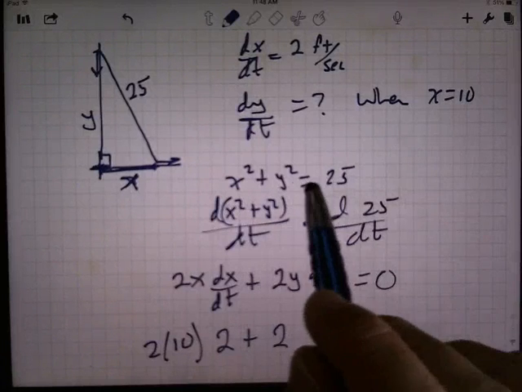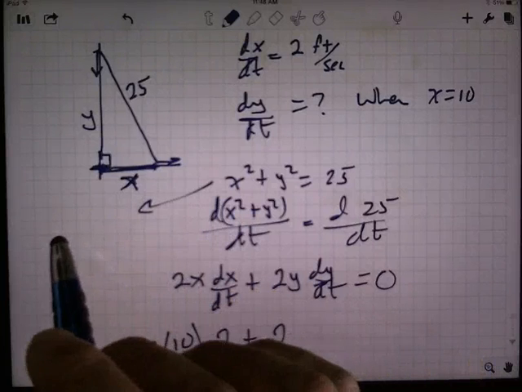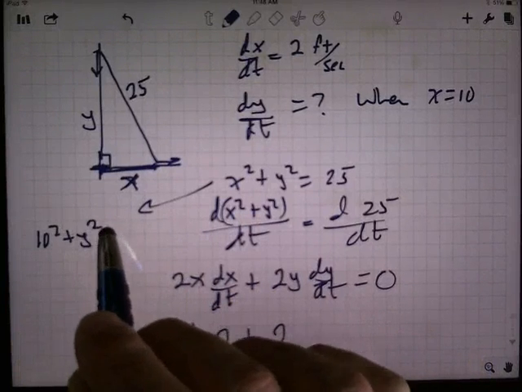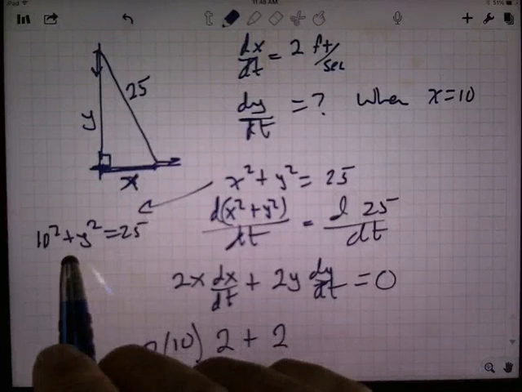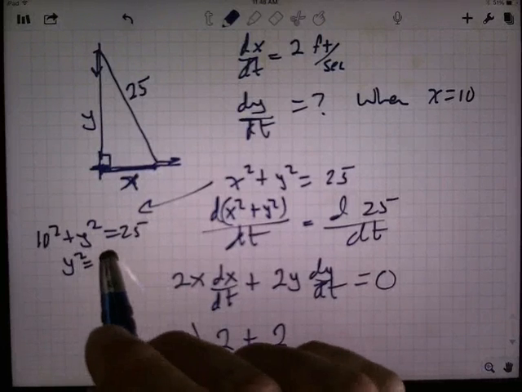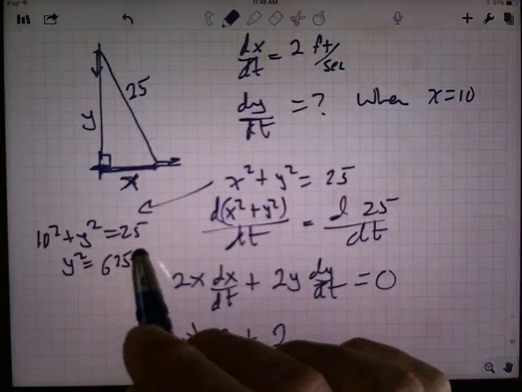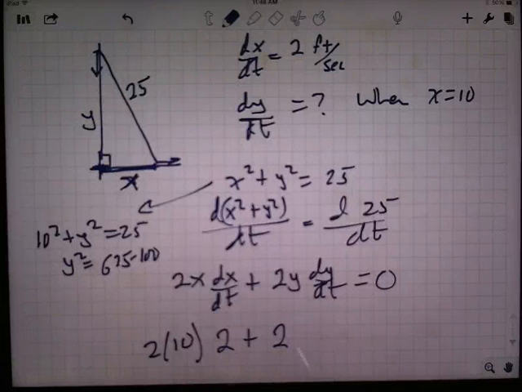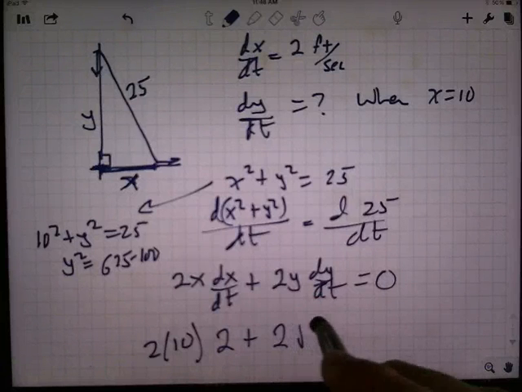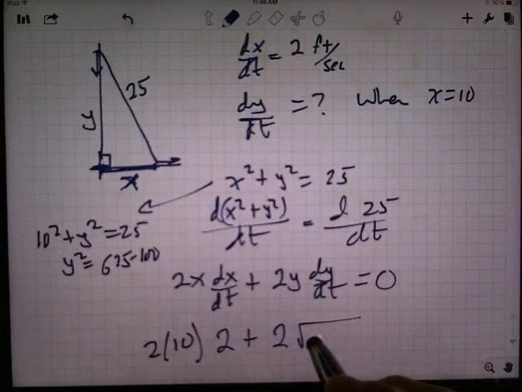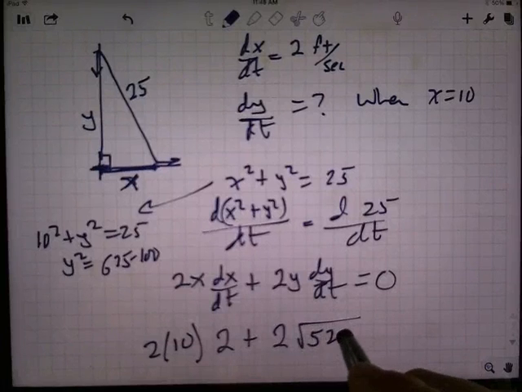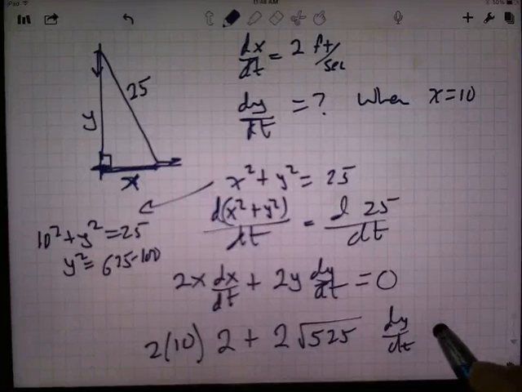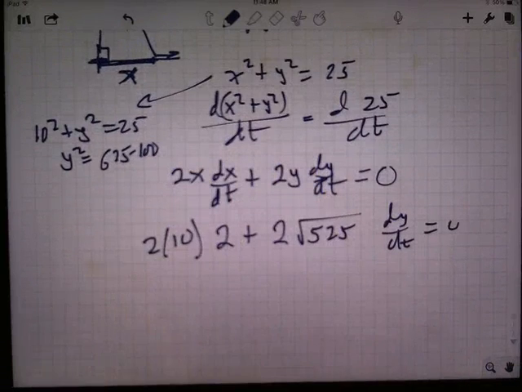Well, I do have this relationship here, in that if x is 10, then I ought to be able to figure out what y is. So y squared equals 625 minus 100. So y is the square root of 525, times dy/dt equals 0. And now I can solve for dy/dt.